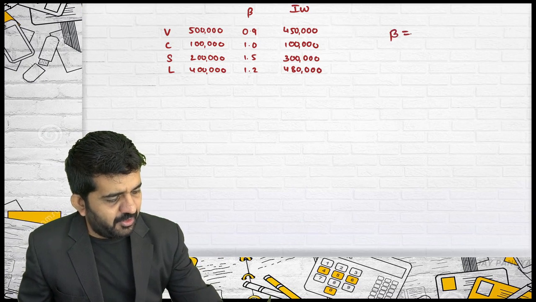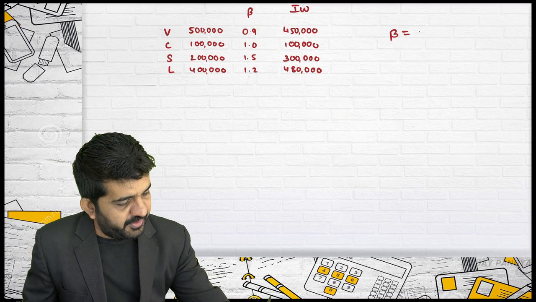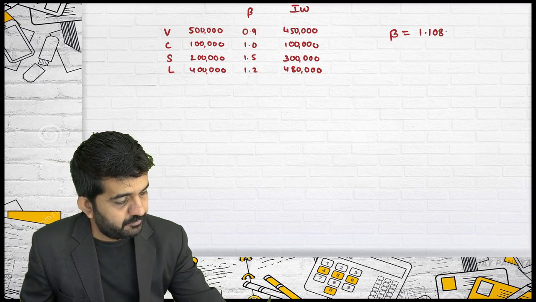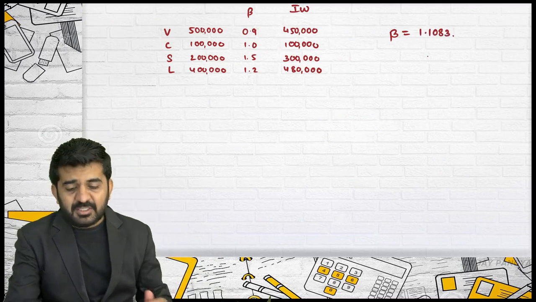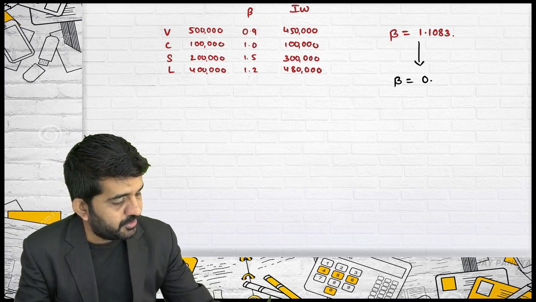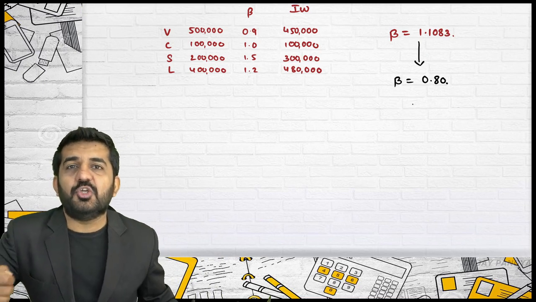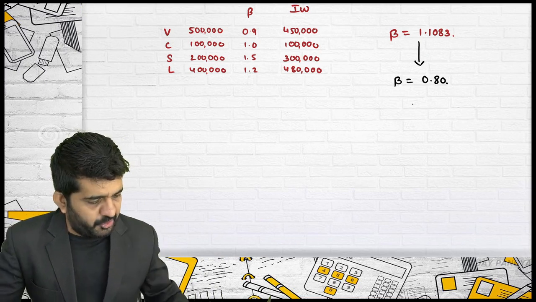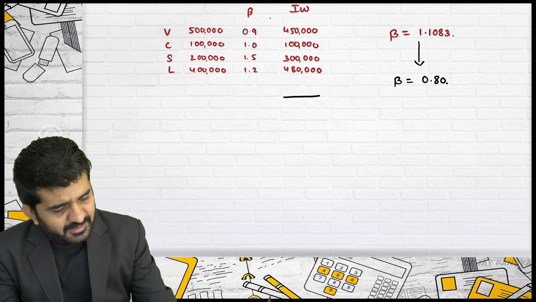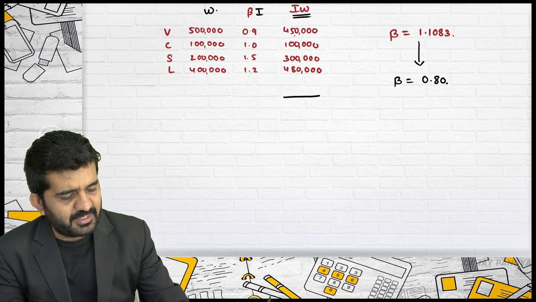Here the beta, sigma IW divided by sigma W, is 1.1083. But I want to reduce this beta to 0.80. First, I am teaching you mathematically.